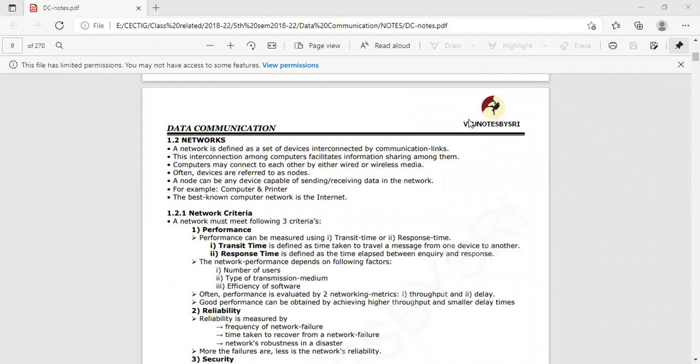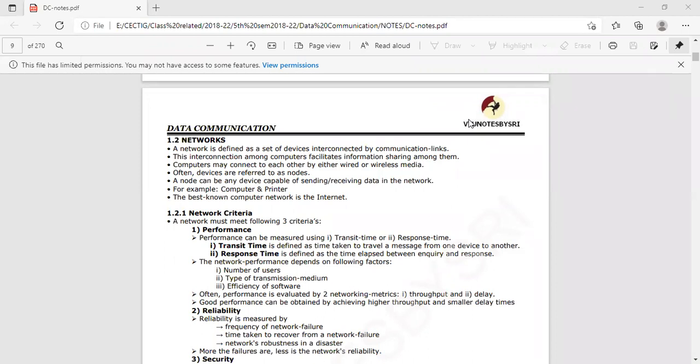So what are the criteria of a good network? When we talk about a network, there can be a good network, a bad network, a poor network. What are the measurements by which we can say this is a very good network?